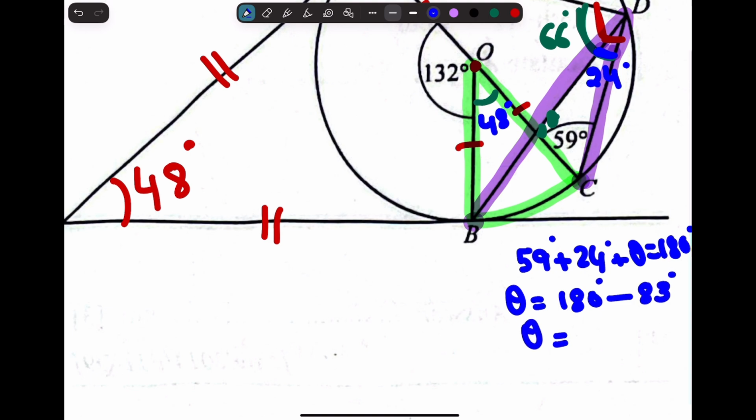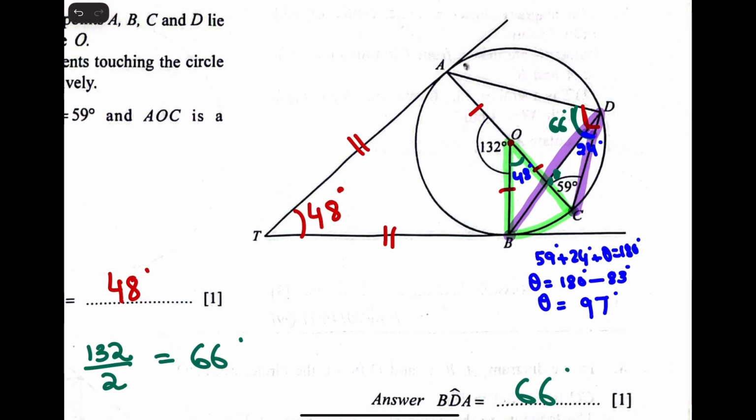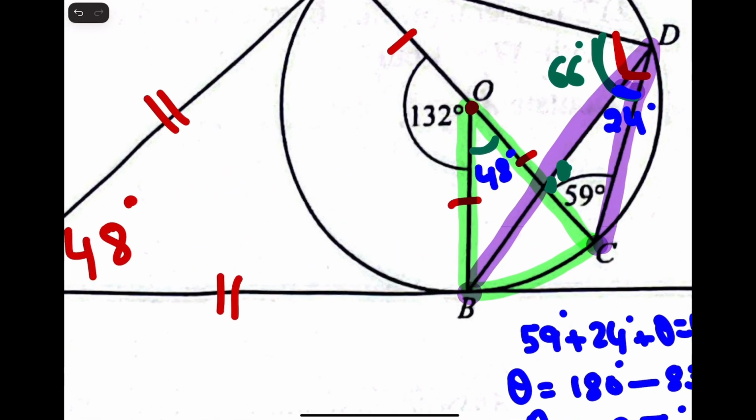Theta is 97 degrees. Okay, so now since this is 97, this angle is vertically opposite and this is also going to be 97.